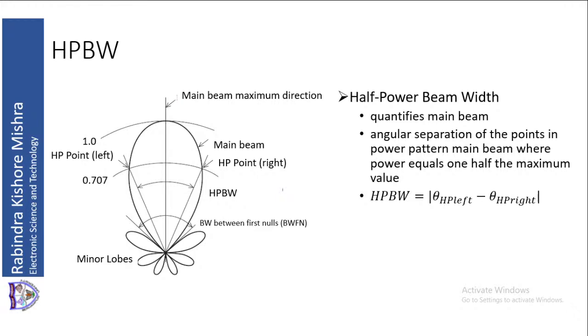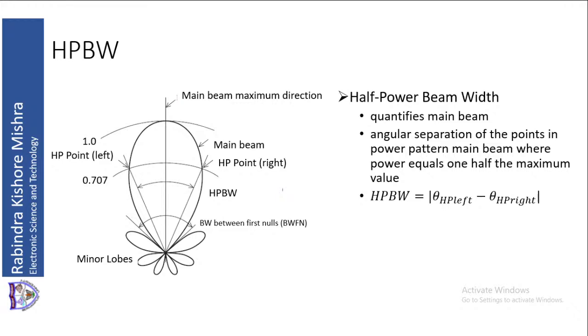Consider the angle for which the field value is 0 on the left hand side of the main beam, and the angle for which the field value is 0 on the right hand side, and the angular separation between these two angles. That angular separation is called the beam width between the first nulls.